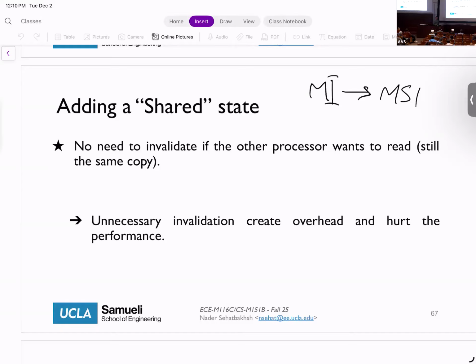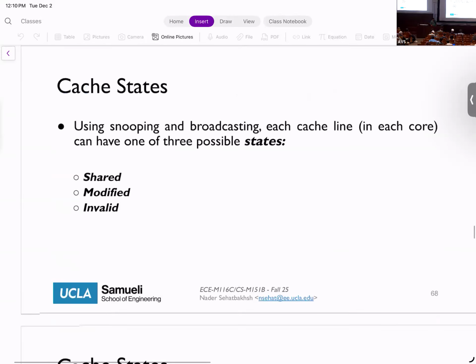But what we are really trying to do is making sure that the overall performance of the cache system is high, which means that we want to, again, maximize our hit rate, reduce our miss rate, and reduce our miss penalty. That's the ultimate goal in the memory subsystem, and cache coherency is no different. You want to still maintain those things, okay?